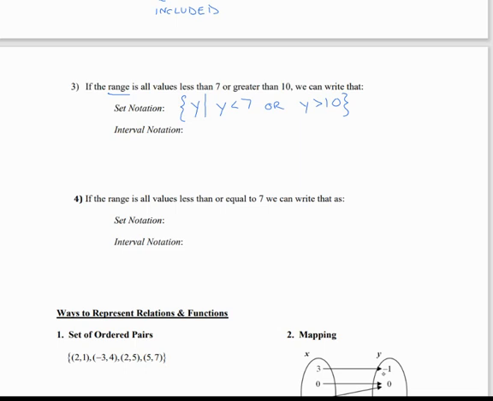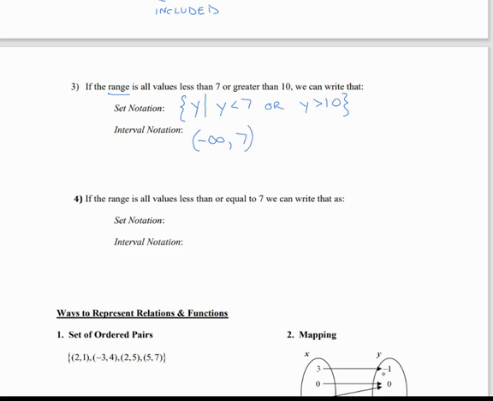So if I'm talking about all values less than 7, that means 6, 5, 4, 3, 2, -1,000, right? -1,000,000, all the way to -infinity. So here's how we'll write it, and then I'll explain it a little bit more. We're going to use a parenthesis. We're going to use -infinity, and it's all the values from -infinity up until 7. It's not included, right? We're just less than 7, so since I'm not included, I'll use a parenthesis, not a bracket.